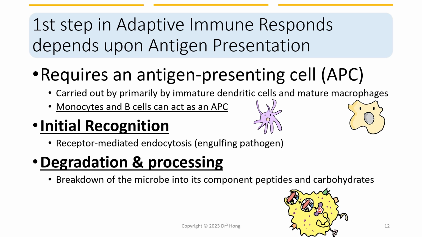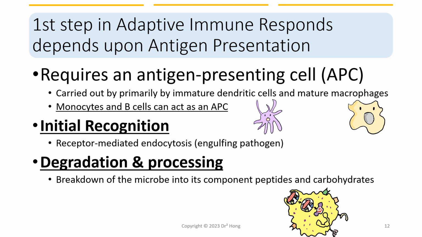Now, the initial recognition is really based on receptor-mediated endocytosis, meaning the dendritic cell is going to eat up the antigens, engulf the pathogens or toxins, depending on what they are. And after the engulfing process, as we talked about in the innate lecture, it is going to go through degradation and processing.